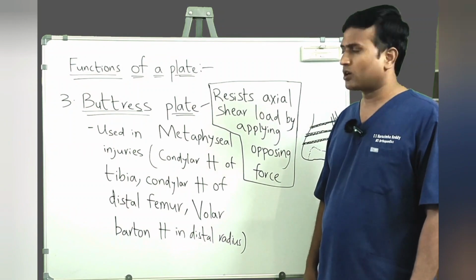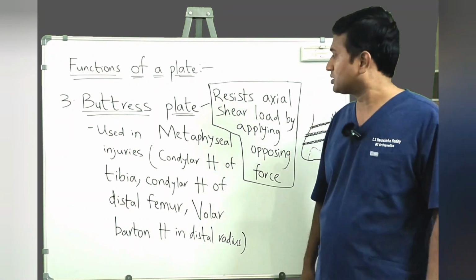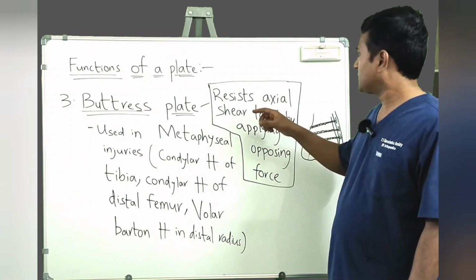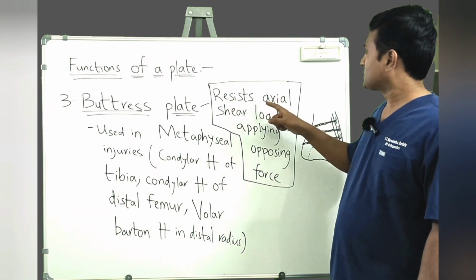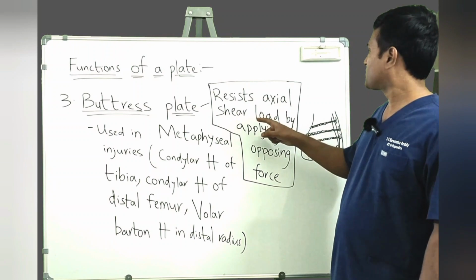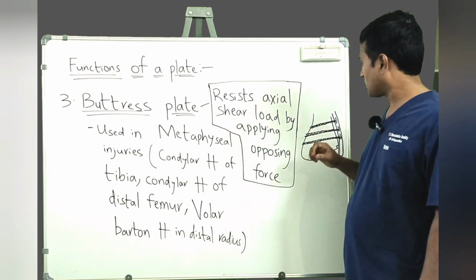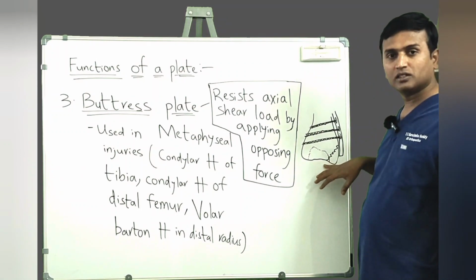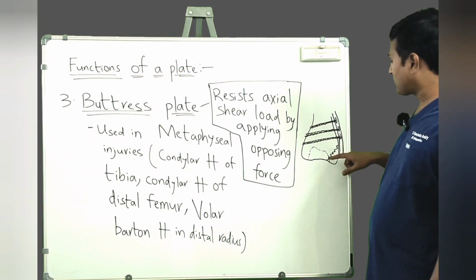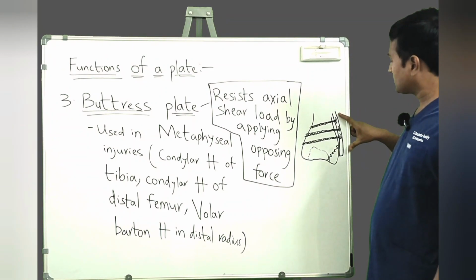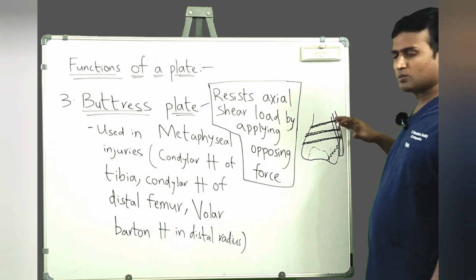So friends, now we are going to see what a buttress plate is. The buttress plate helps in resisting the axial shear load by applying an opposing force. Suppose this is our distal femur and we have a fracture here, and we have fixed a plate using three screws on the proximal aspect.